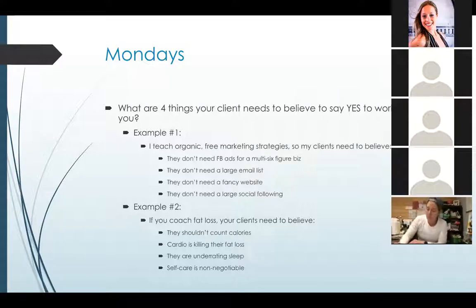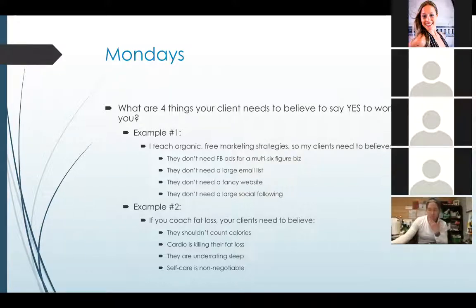They need to believe that they don't need a big email list and running Facebook ads to grow their list. They need to believe they don't need a fancy website. They need to believe they don't need a large social following, because I've been able to do all of this stuff, right? So you can grow free and organically without running ads, without a large email list, without a website, and without a big social following. So that's what I need for people to believe, in many cases, for them to say yes to working with me.